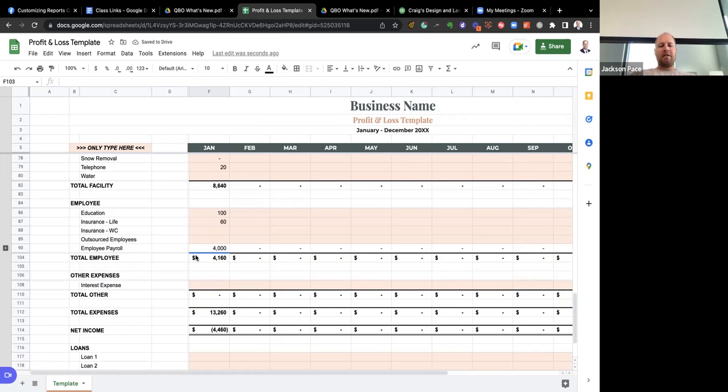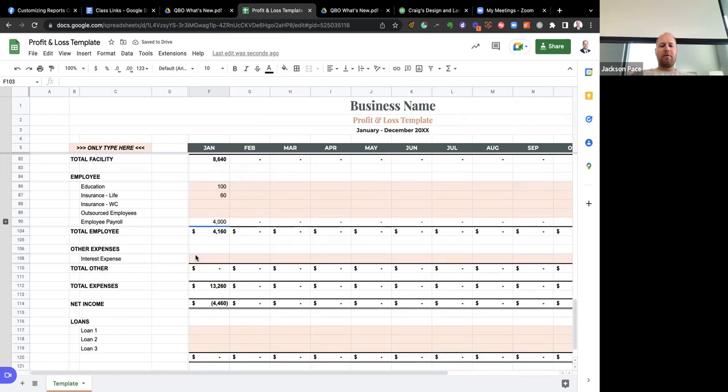So now what we can see is we've grouped all the expenses together. We actually have a spot if your business has loans, and technically if you had loans, they would never actually go on a profit and loss statement. But as far as understanding our cash flows, it really helps us get a good idea of is our business able to cash flow all the expenses plus all the loan payments that we have.